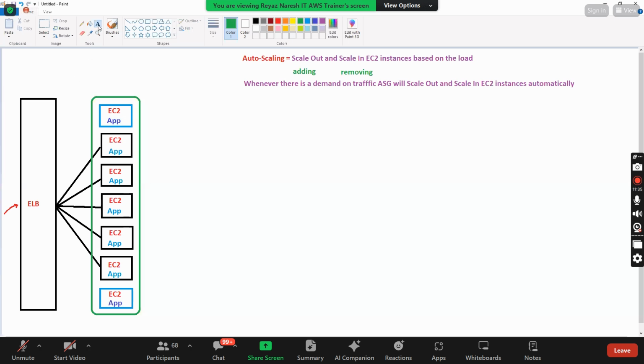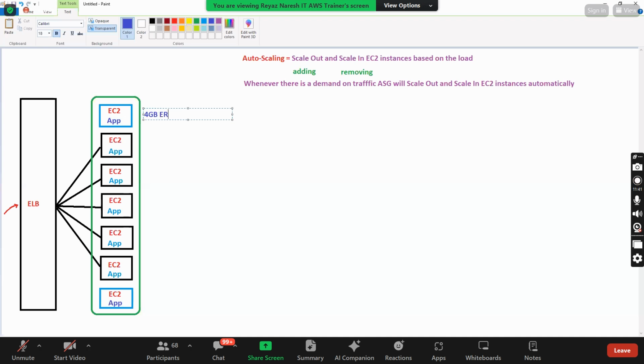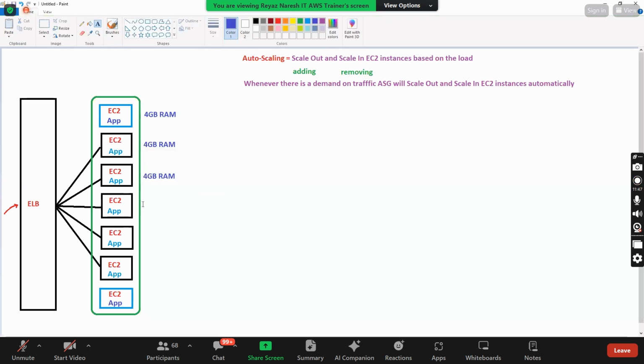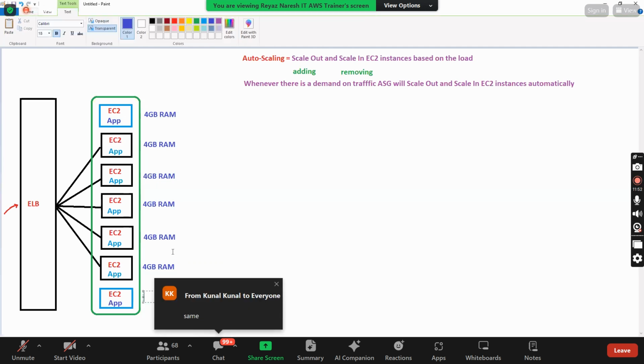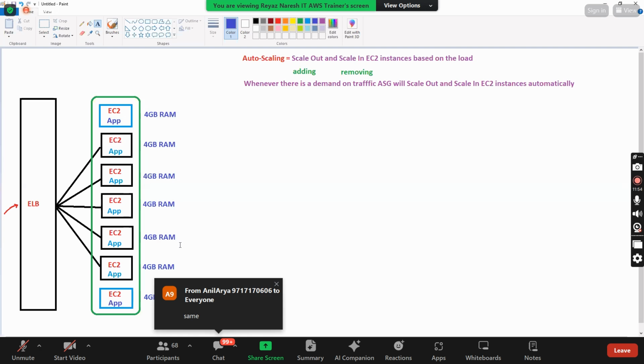So scale out will happen. And guys, here, is it good to keep all EC2 instances the same capacity or different capacity? 100% it should be the same capacity because it is the runtime. So that is why it is called elasticity, auto scaling. Is it good to have scalability here?